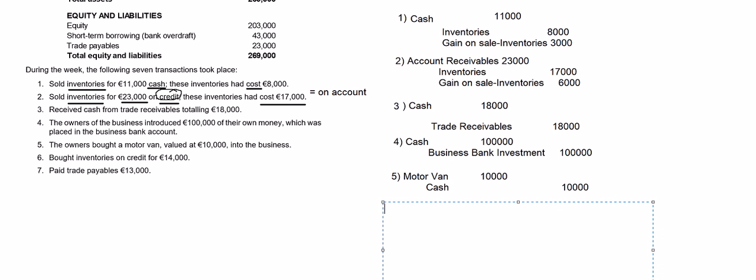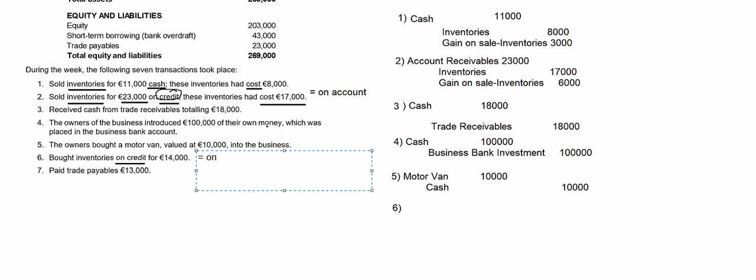Next, number 6. We bought inventories on credit for 14,000. We know that this is on credit, so that should be the same as on account.